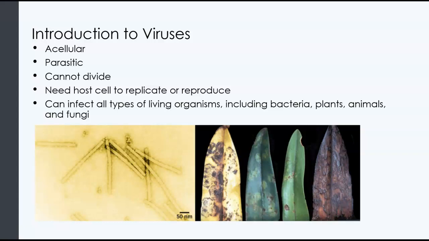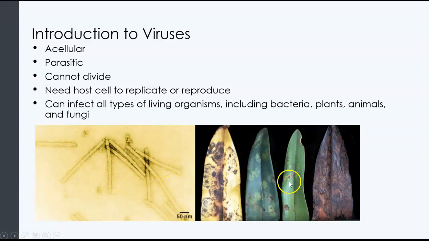And viruses can infect plants, as you can see here. This picture on the left is a picture of the tobacco mosaic virus, or for short, they call it TMV. And it can infect more than just the tobacco plant.